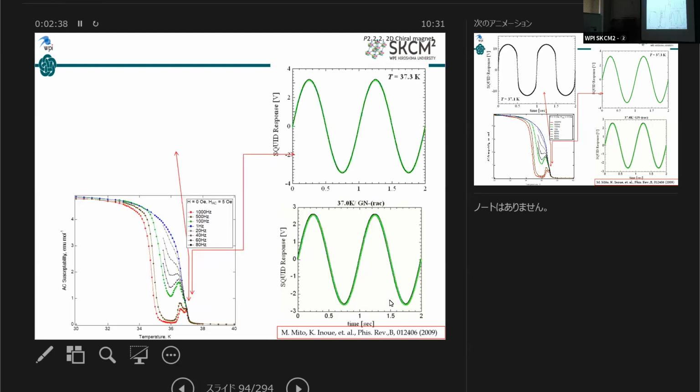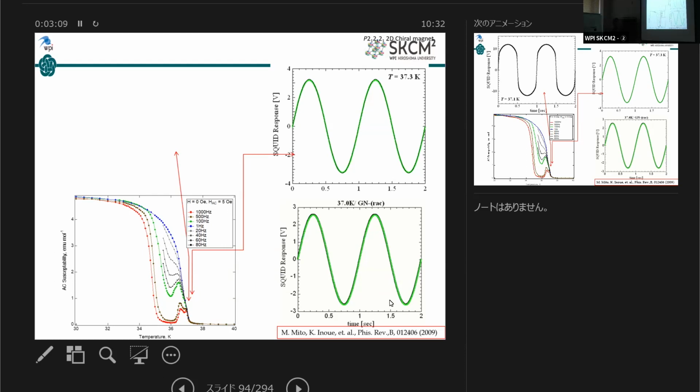Then we analyzed carefully. This is a magnetic AC response from this single crystal chiral magnet. This is compared with the racemic one. And this is above TC. The black line is the applied magnetic field, and the green is the response from the sample.